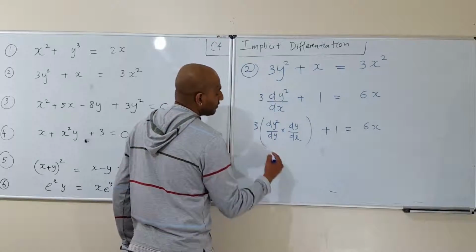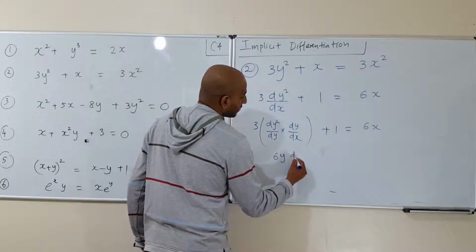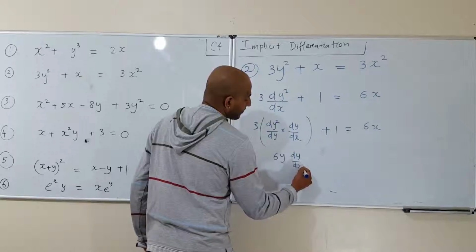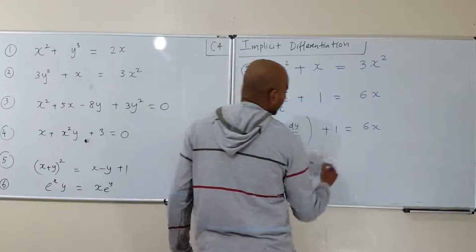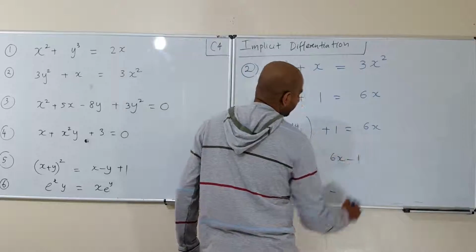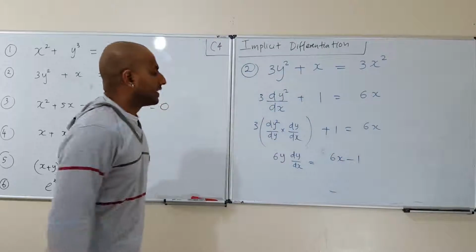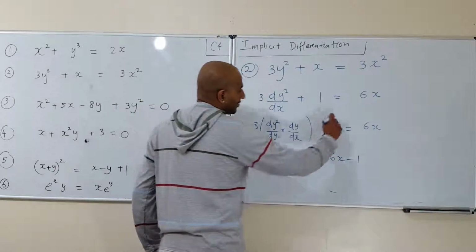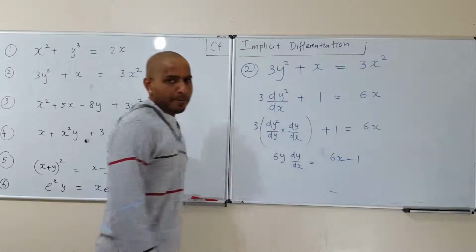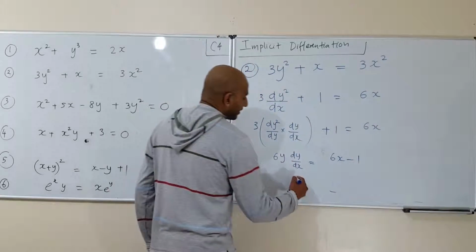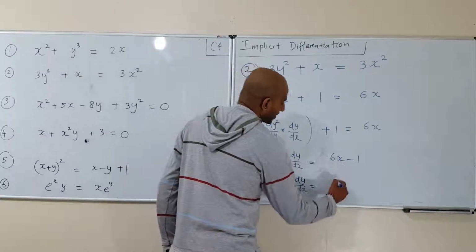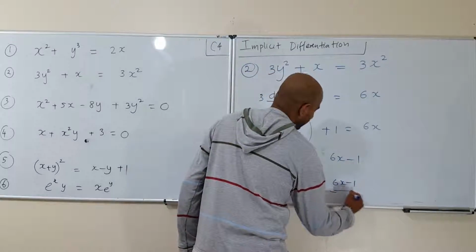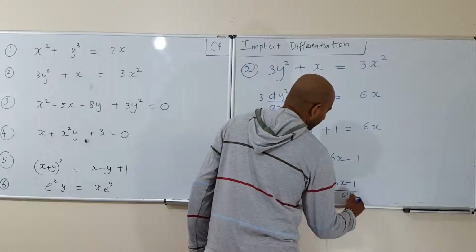So 2y times 3 would be 6y, 6y dy dx equals, I can just move this one to the side straight away, 6x minus 1. So I did two things at once, I moved that to the side. Now I'm going to get dy dx equals 6x minus 1 divided by 6y. That's it.